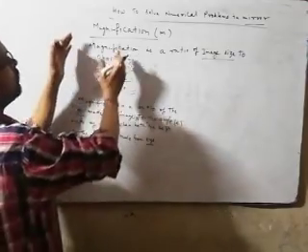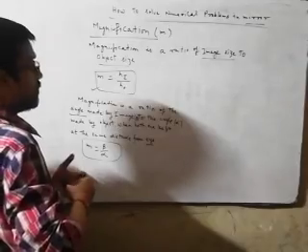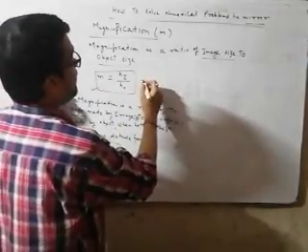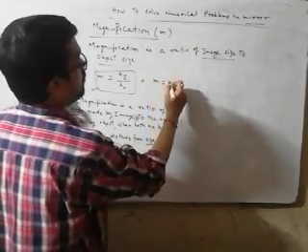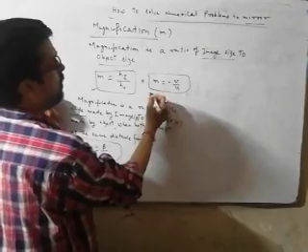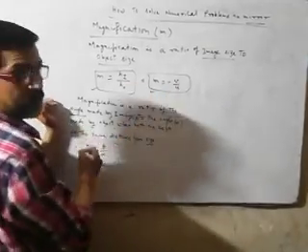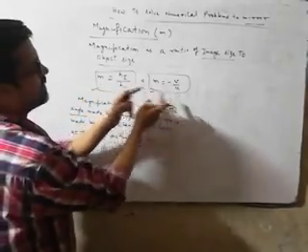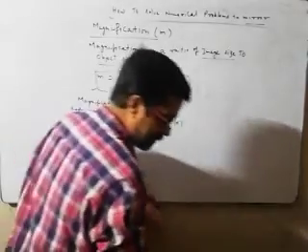So let us go through details in case of mirror. In case of mirror, there is one more formula. The formula is M is equal to minus v by u. How we can derive this formula from HI by HO, I will explain.